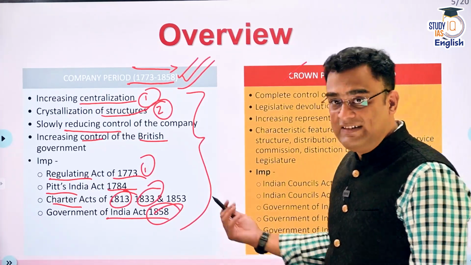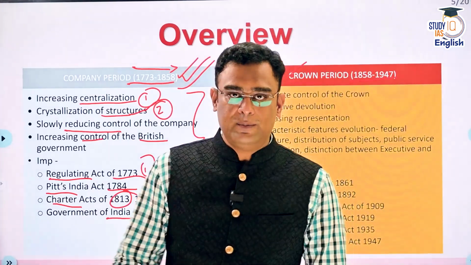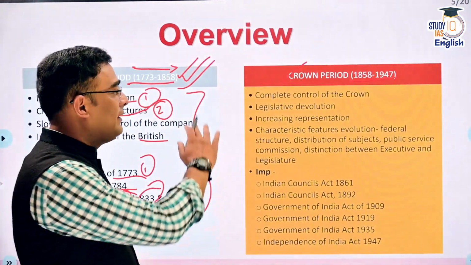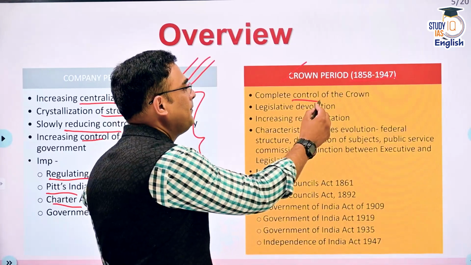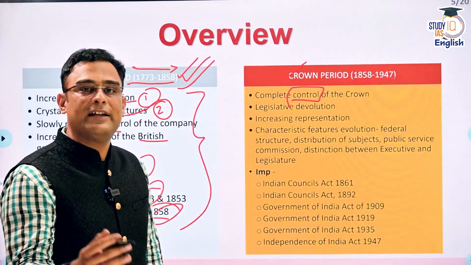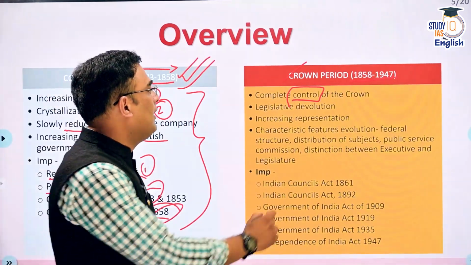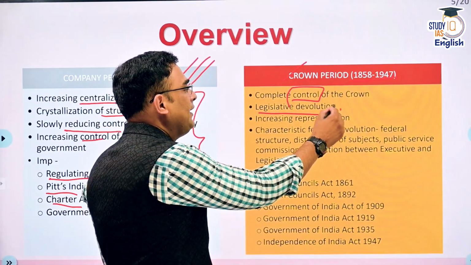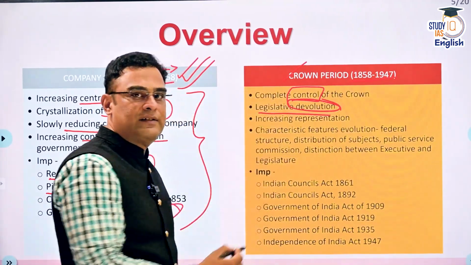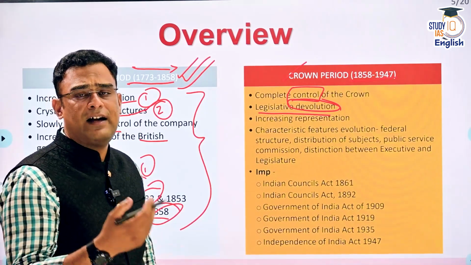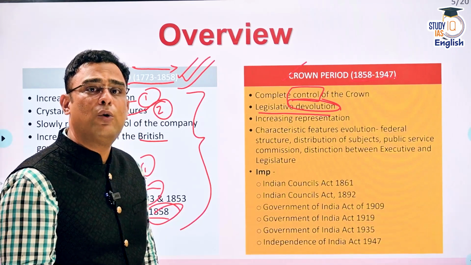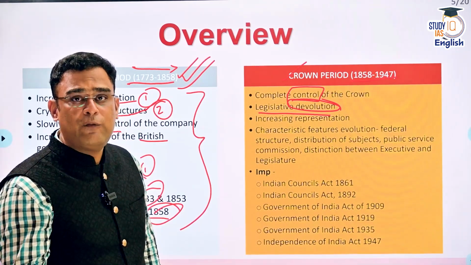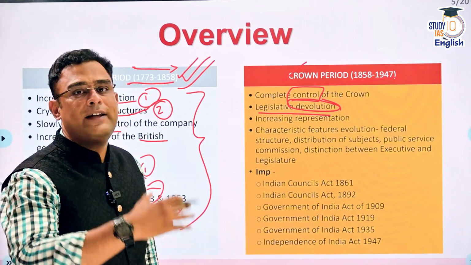Okay. Now let's see the subsequent phase of these colonial acts. This is the Crown's period. Trends over here, obviously the first thing is complete control or takeover by the British Crown. Slowly, steadily, we see legislative devolution starts. Slowly, Indians are nominated, then indirectly elected, then election systems come about, Congress ministries will be formed in 1930s, so on and so forth.